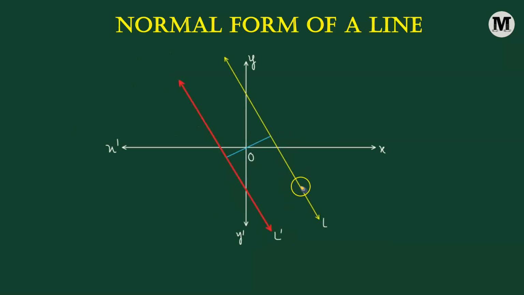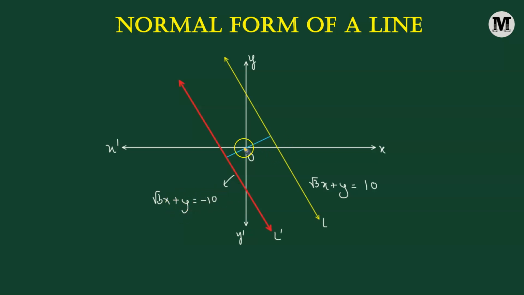So here as we can see in the figure, we have two lines. Both of the two lines are parallel to each other. The yellow line, its equation is going to be square root of 3x plus y equals positive 10, and the equation of the red line is going to be square root of 3x plus y equals negative 10.